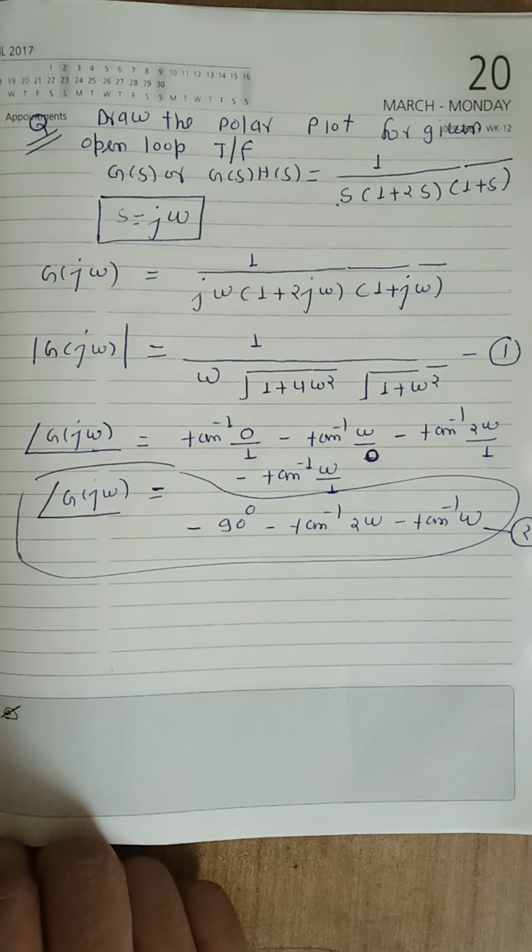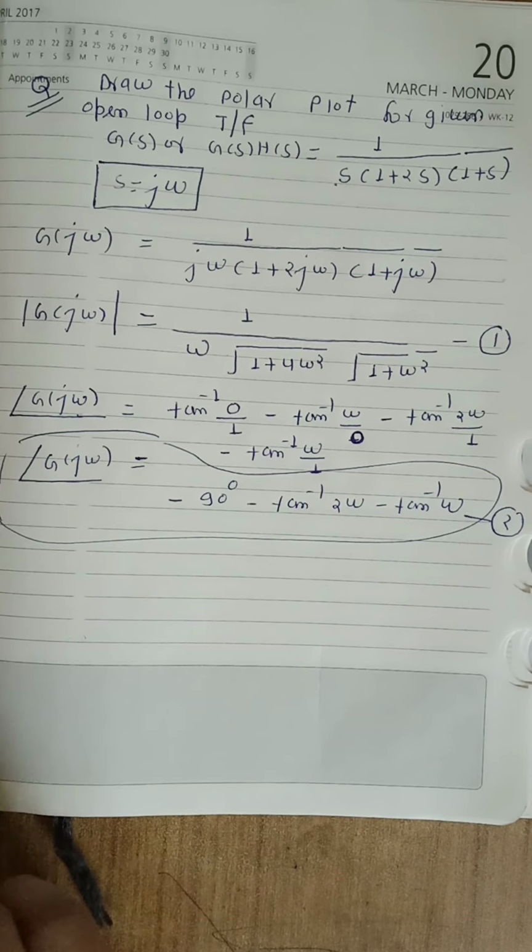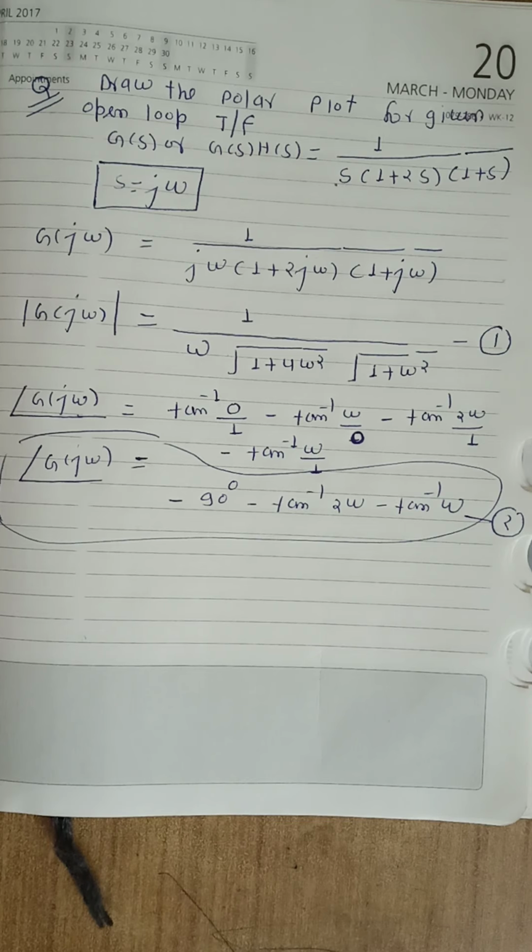Now let us see how we can draw the polar plot. We have a magnitude equation and a phase equation. Now we will calculate magnitude and phase for the initial value of omega, that means for omega equal to 0, and for omega equal to infinity.